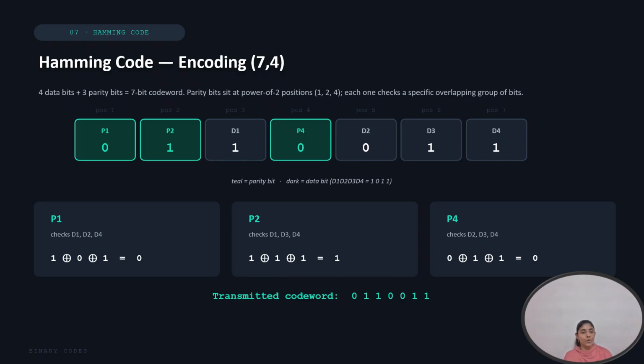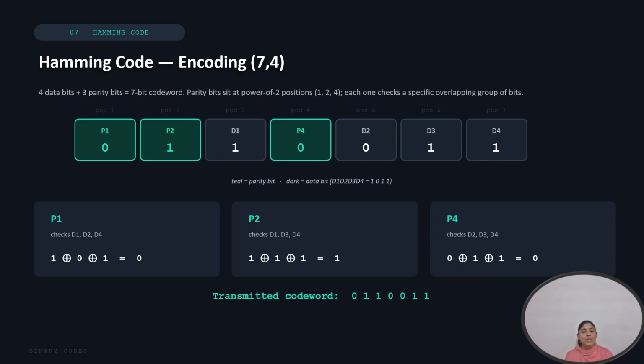So 7 minus 4, 3. That is what I mentioned below. So 7 is a code word. For that 7-bit code word, we have to use 4 data bits plus 3 parity bits. So 4 data bits plus 3 parity bits is equal to a 7-bit code word.